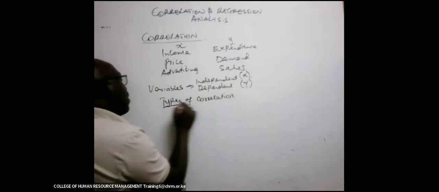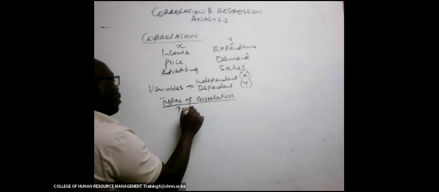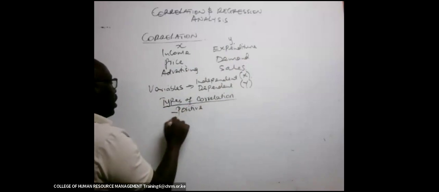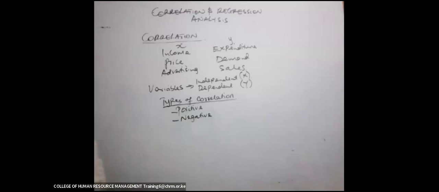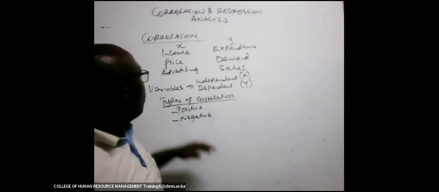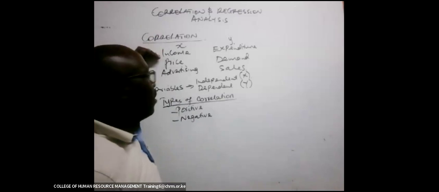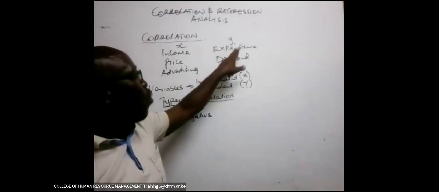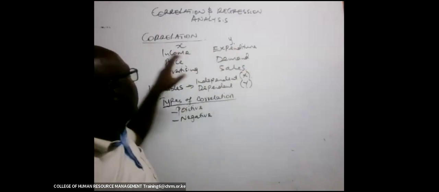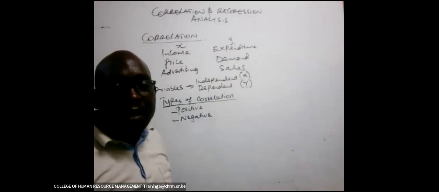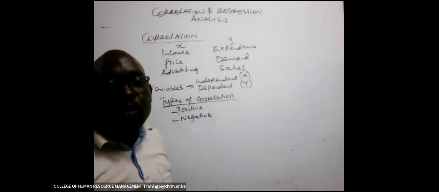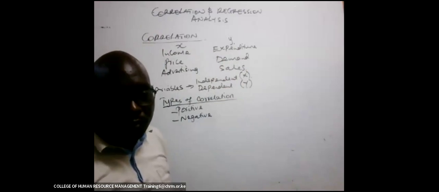Correlation can either be positive or it can be negative. Positive correlation exists where an increase in X results in an increase in Y. A decrease in X results in a decrease in Y, meaning that the X and the Y variables move in the same direction.